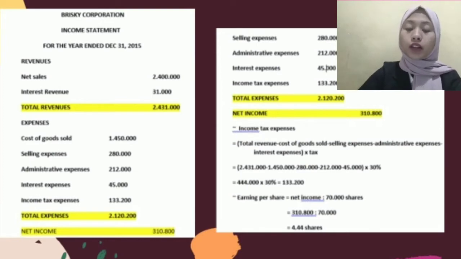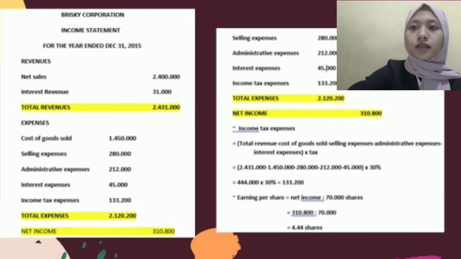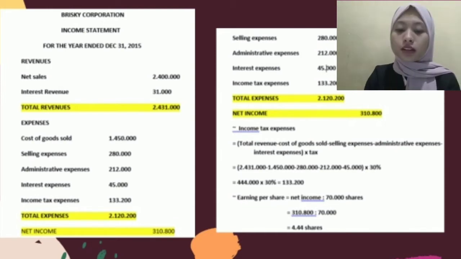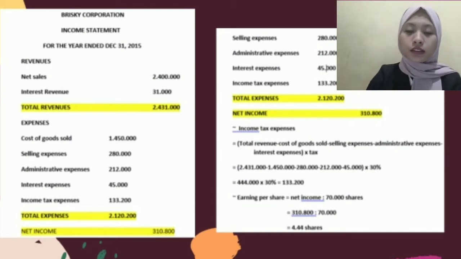For income tax expense, we have to reduce total revenue with expenses and then multiply by the tax rate. Then for earnings per share, it is net income divided by shares, and then the result is 44.4 per share. Thank you.